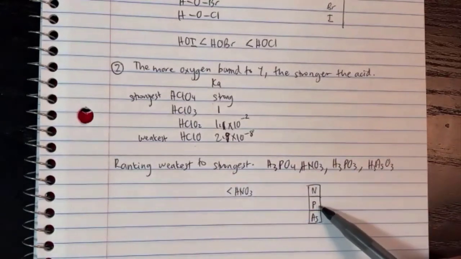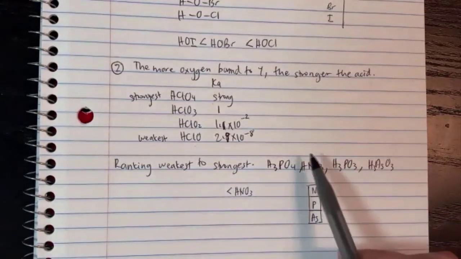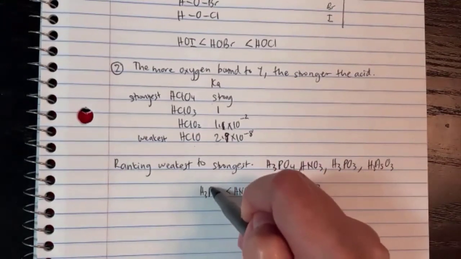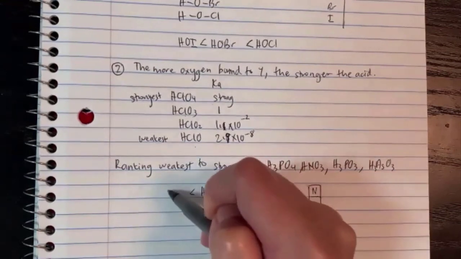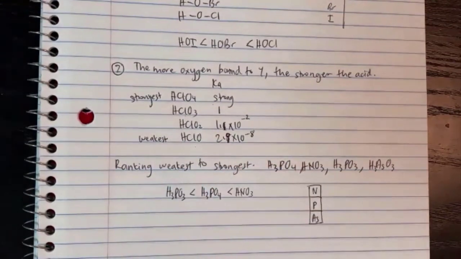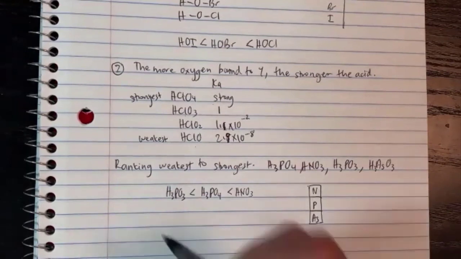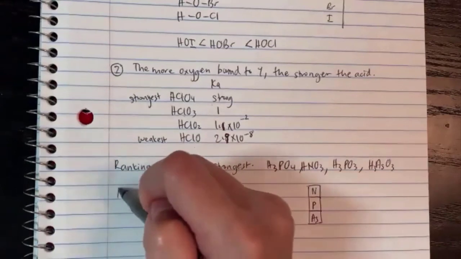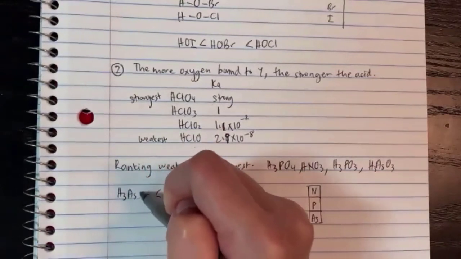And then P is the next strongest in the list. But amongst PO3 and PO4, you have 2 options, right? So you got to put H3PO4, and then H3PO3. Okay? And then the weakest one is going to be the arsenic one. So H3AsO3.